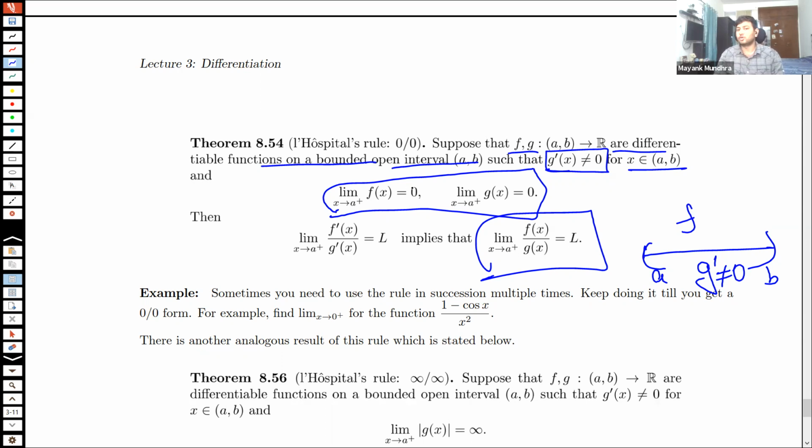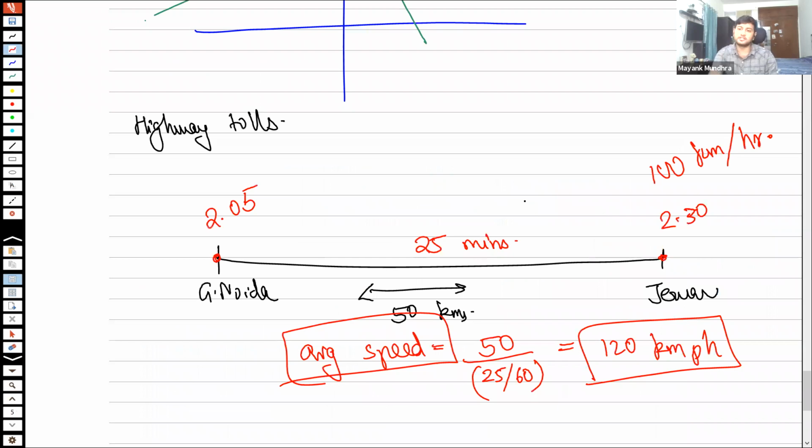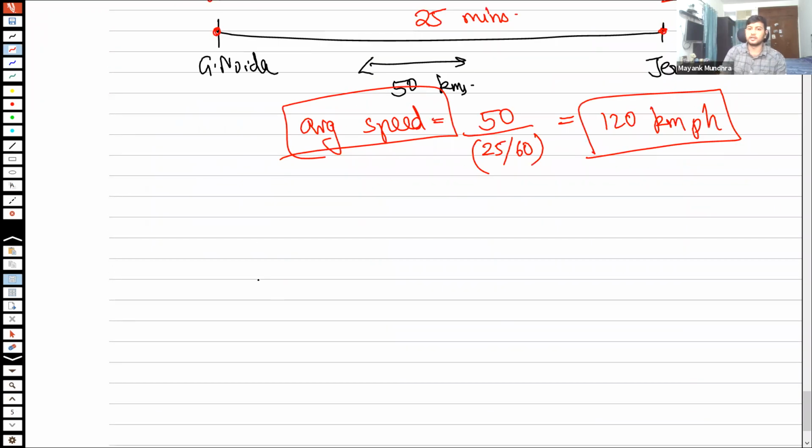If it is of the 0 by 0 format, I cannot conclusively say what the limit is going to be. Remember, I told you that two kinds of formats are difficult to handle in limits: 0 by 0 formats and infinity by infinity formats.